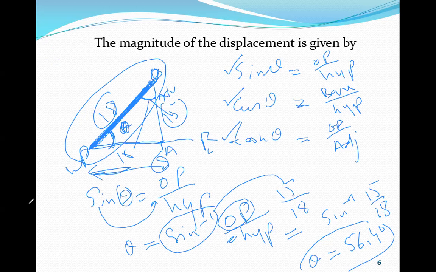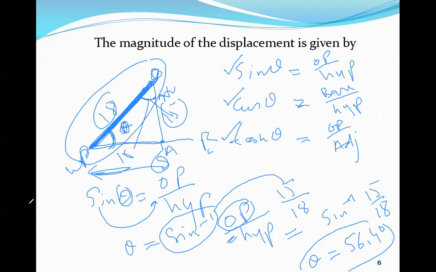Any doubt? Yes, one doubt. If the question asks for total distance, then we will add all the distances. But if they ask for displacement, then we will use the Pythagoras theorem, yes? For example, sometimes they provide a triangle with two sides and want us to calculate the third one.